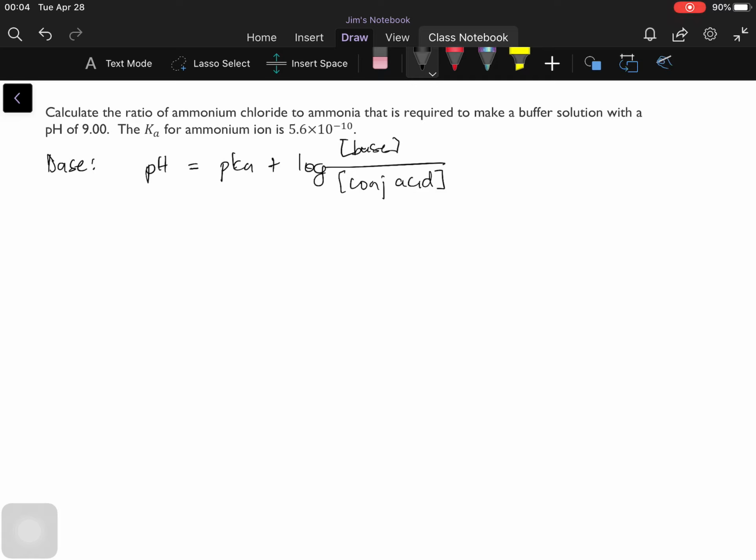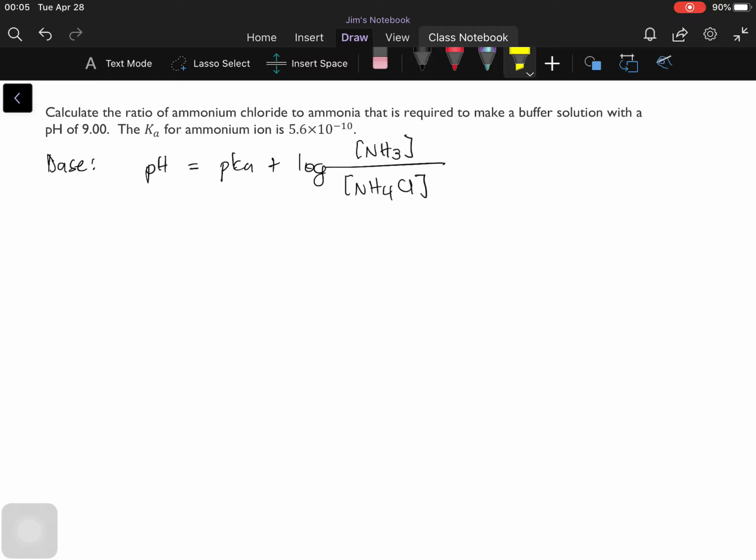Or for this equation, the base is the concentration of our ammonia, and for the acid, that's the concentration of our ammonium chloride, or NH4Cl.